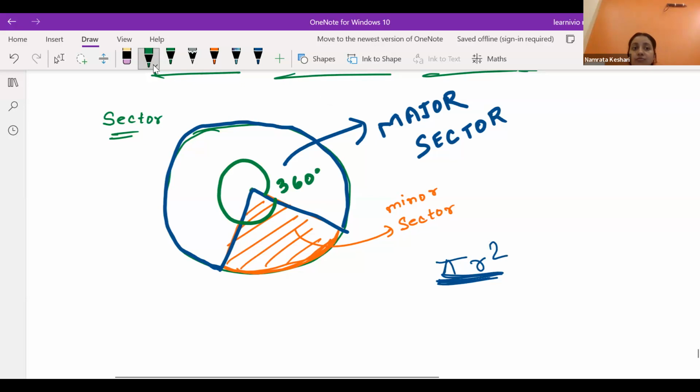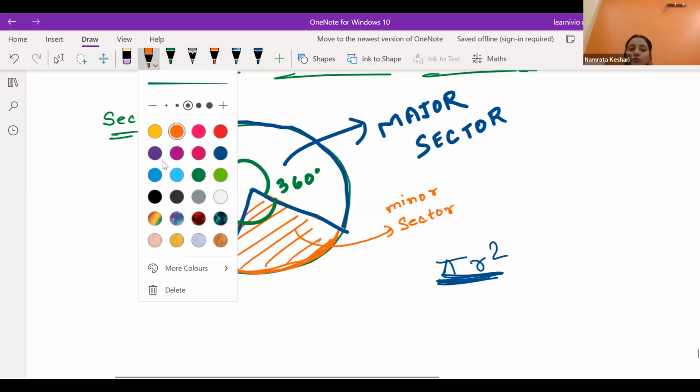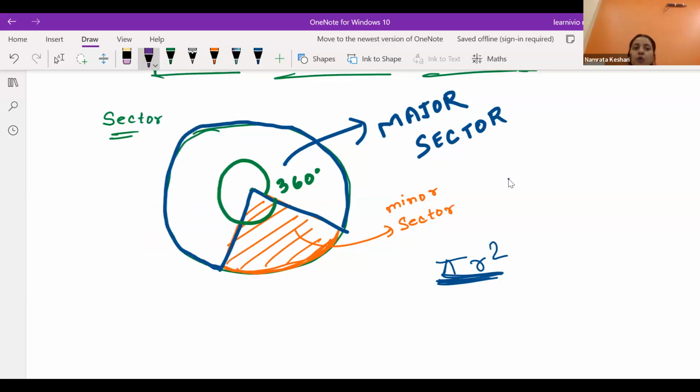But while finding the area, suppose we want to find the area of this minor sector. That means only this much area we need to find. Whatever this angle is, maybe that will be helpful. Only this part's area we want to find.